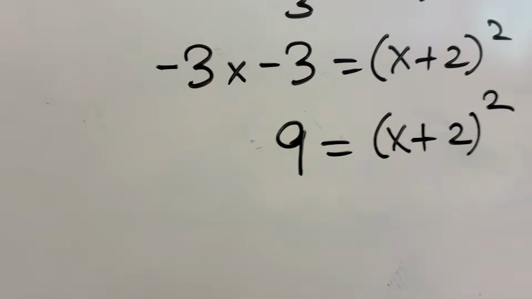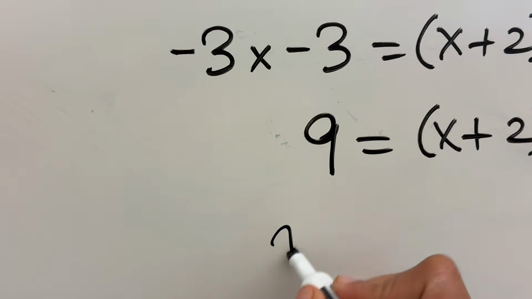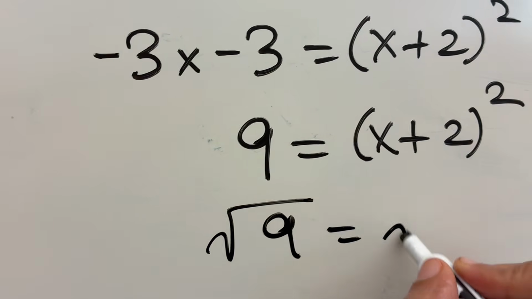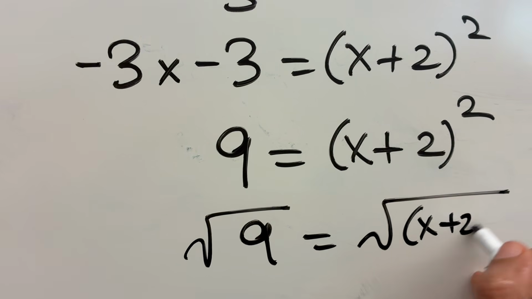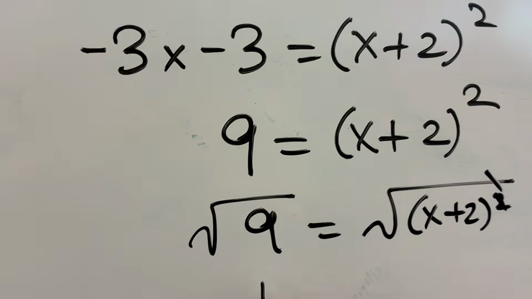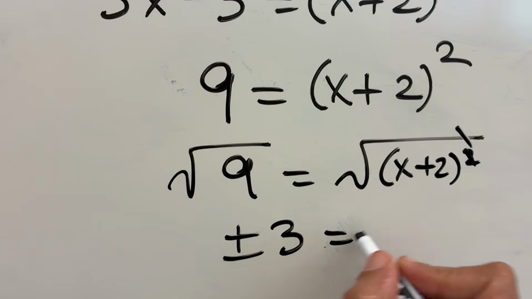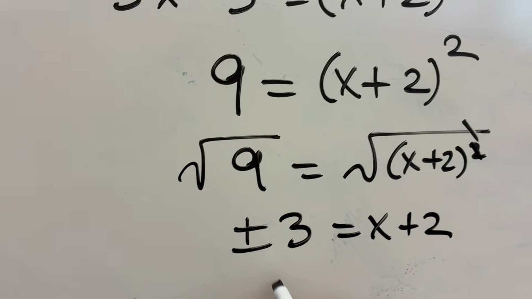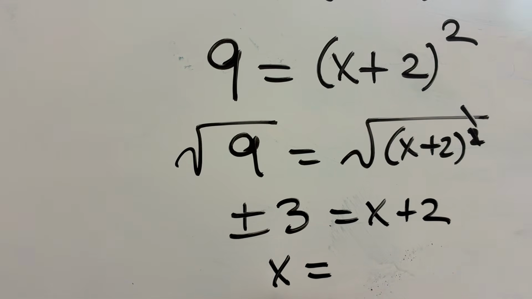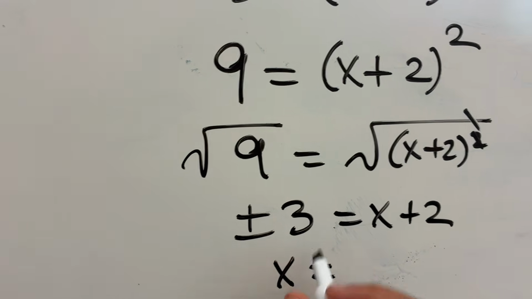So for simplifying this, I'm going to take square root on both sides. Square root of (x plus 2) whole square. So I'm going to get plus or minus 3 is equal to x plus 2. And my new x values would be two different values.